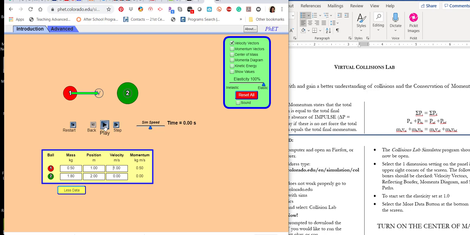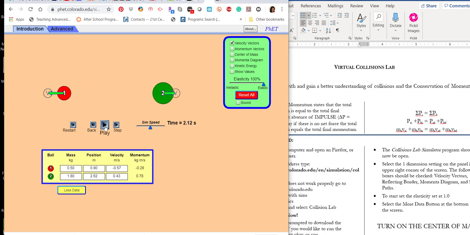If I play this with a simulation speed of medium, what's going to happen? Let me go over here to elasticity. We are going to have a perfectly elastic collision, so they're going to bounce off of each other. Let me play this.